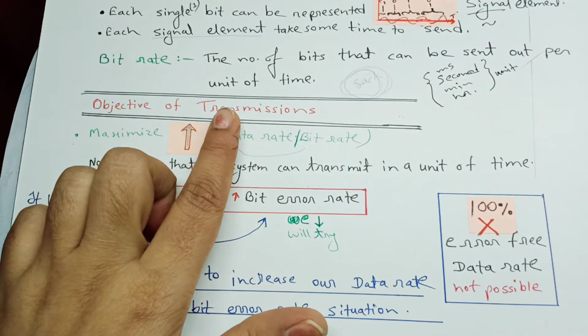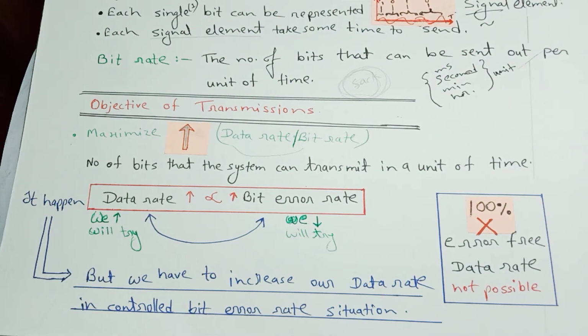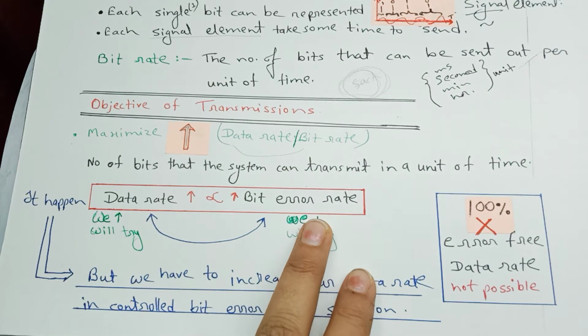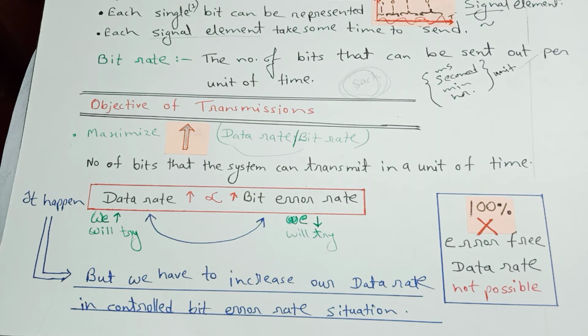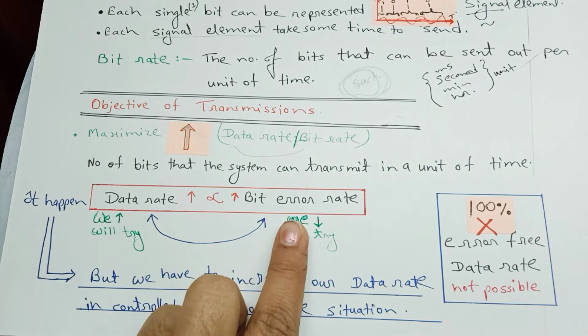This is the objective of transmission, and we also want to minimize the error rate. We will try to minimize the bit error rate, which means there should be less error in the data transmission while the data rate increases.